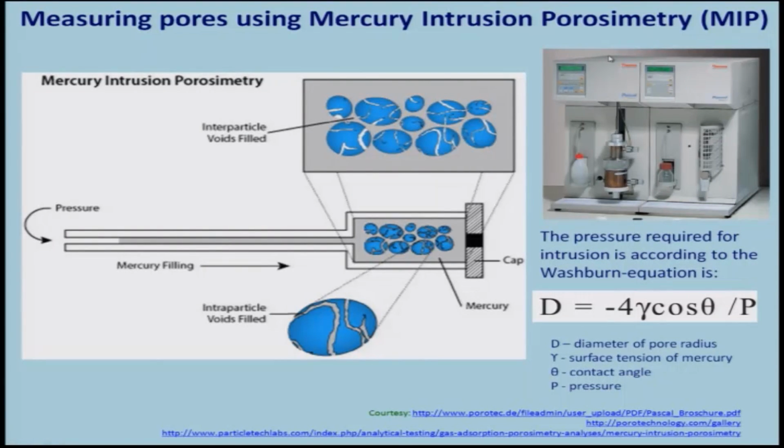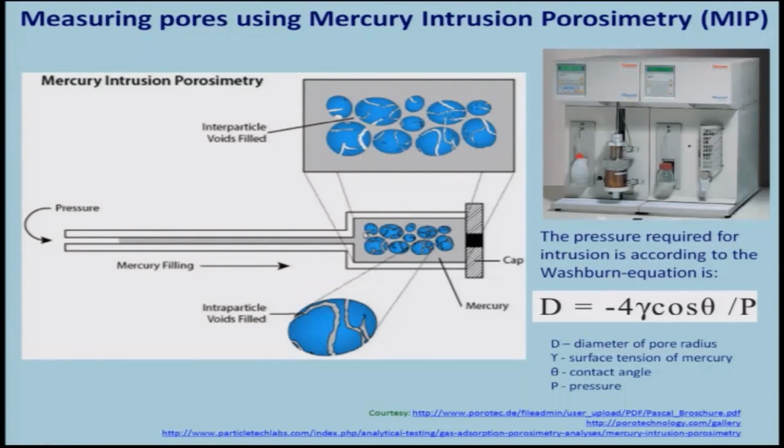Now what this equipment basically does is explained in this figure. This vertical part is shown as a horizontal part for easier explanation. Here you have a tube through which mercury is filled in, and at the bottom you have a cylinder which contains cement particles for which the porosity has to be determined, and the mercury is usually poured in this tube, and this basically occupies the space here.